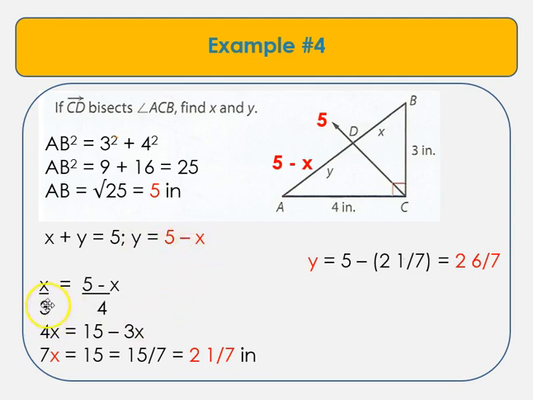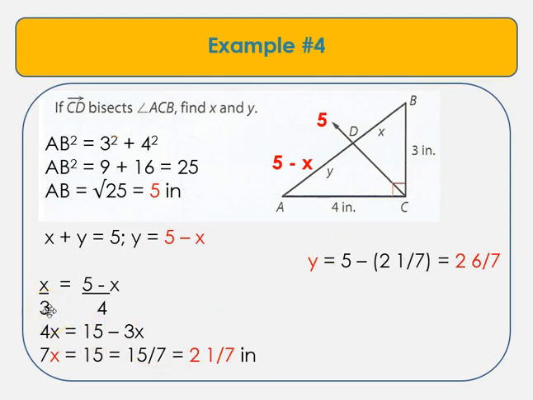Now we can use our proportion. And our proportion is, once again, one portion of the base of the triangle over the other portion, and then the side to the other side.